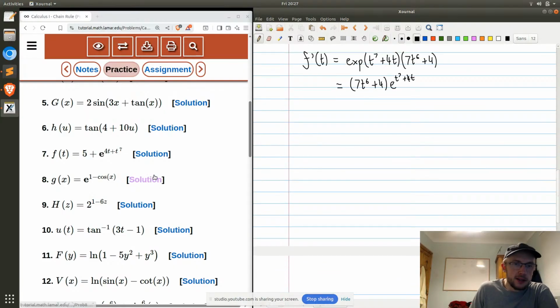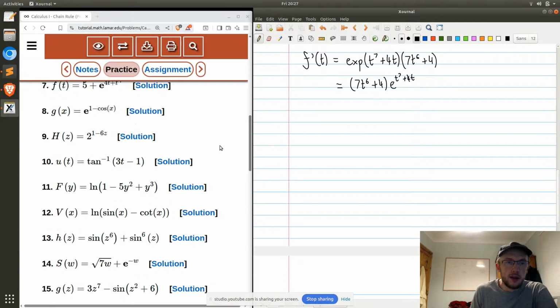Let's now think. g of x is e to the 1 minus cos x. So g prime of x. Differentiating the outside one, leaving the inside one alone, and then multiplying that by the derivative of the inside one.